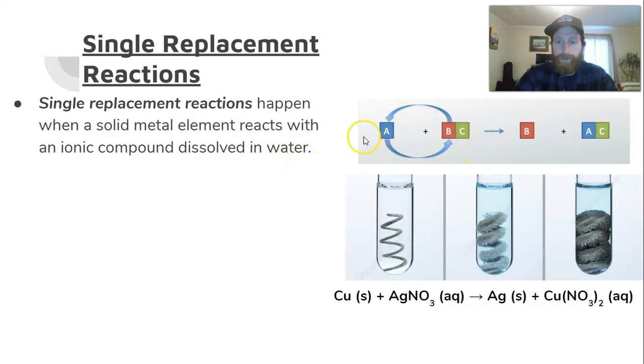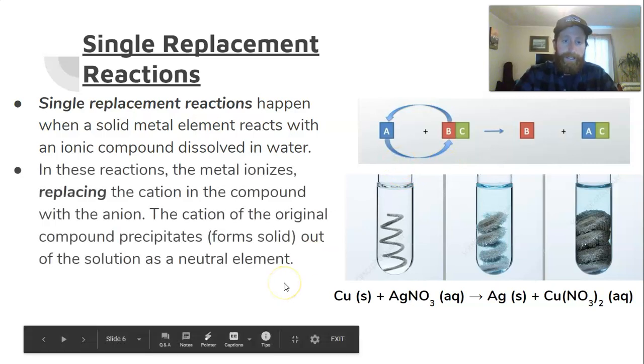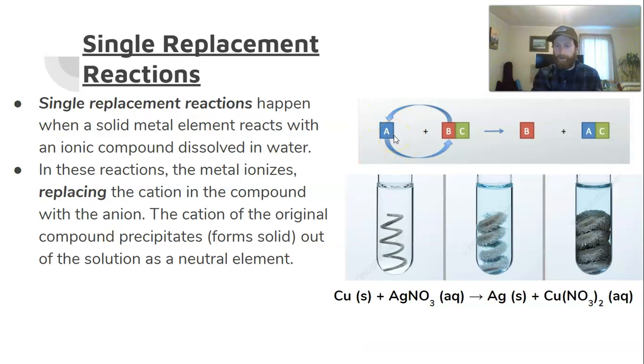So here in this general form, what I have is element A plus compound BC is a single replacement reaction. And in these reactions, the lone metal, the element, ionizes. It'll lose electrons, and it'll replace the cation in the compound.